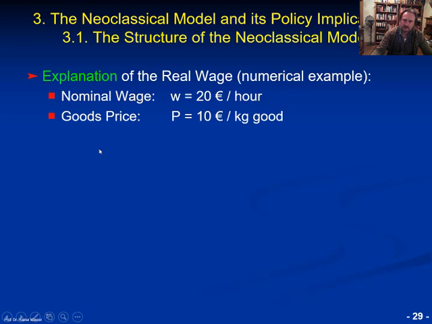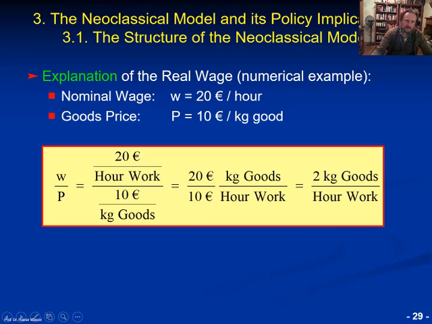Let's assume that the price for goods equals 10 euro per, let's say, 1 kilogram good. Now, if we divide the nominal wage by the price level for goods, the euro dimension cancels out and we receive the information that we can buy 2 kilogram goods for 1 hour work.